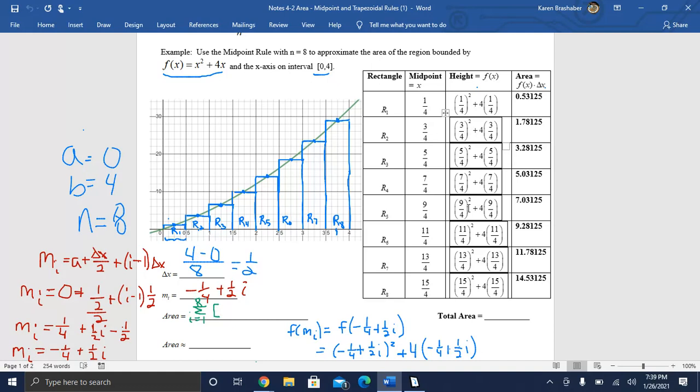So that will be negative 1/4 plus 1/2 I squared plus 4 times negative 1/4 plus 1/2 I. And then I do need to remember that this is my height of the rectangle, and I need to multiply that by the width of each rectangle, which was my delta X, or 1/2.